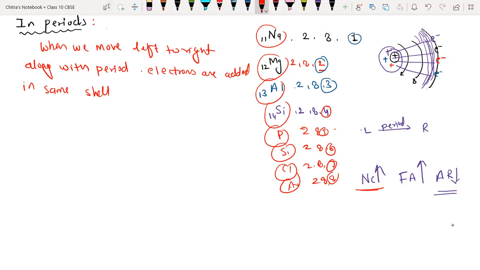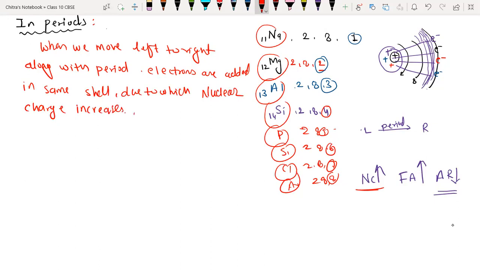So when we move left to right along a period, electrons are added in the same shell, due to which nuclear charge increases.